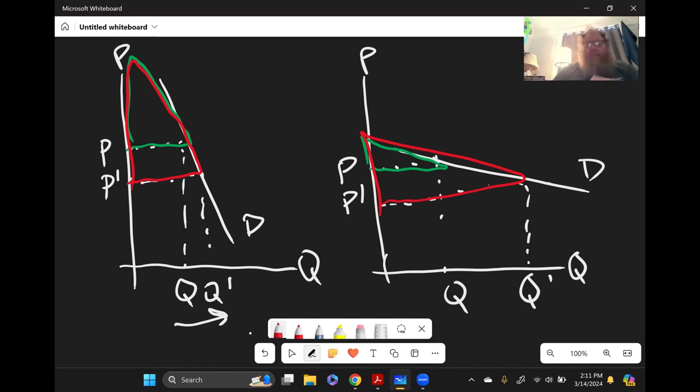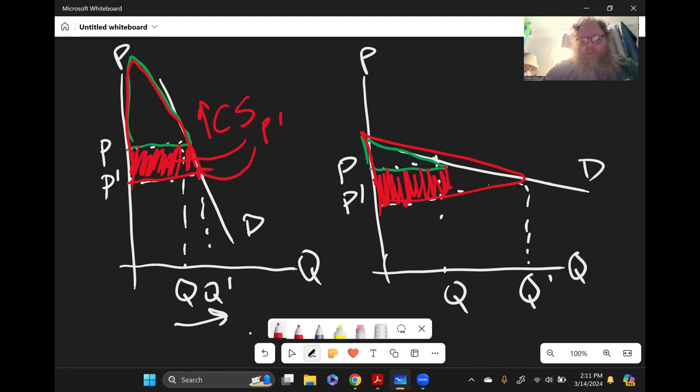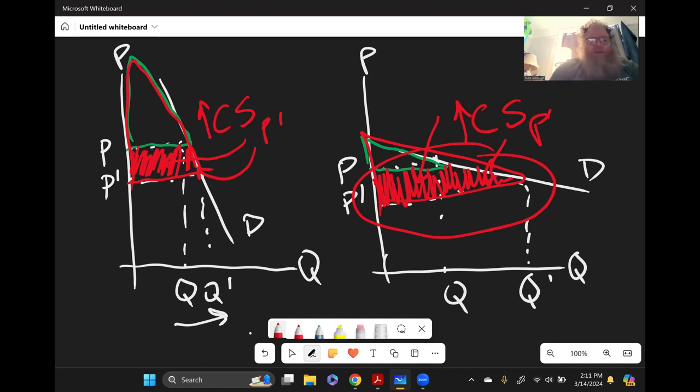Because if you look at the increases in consumer surplus here, which I'm going to shade here, the shaded region reflects the increase in consumer surplus at P prime. So that and that. And then over here, that's the same thing. But what you'll notice is that this is much bigger than this.